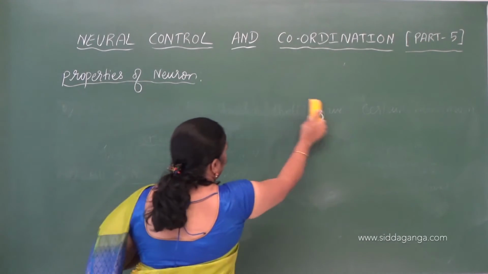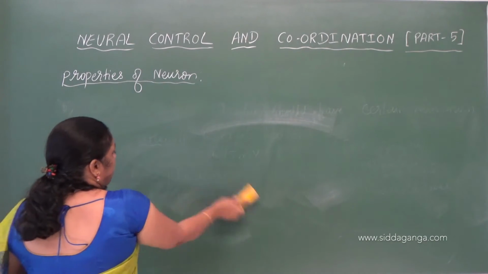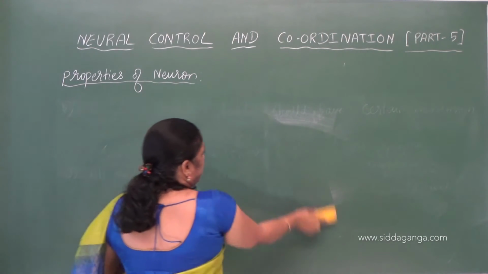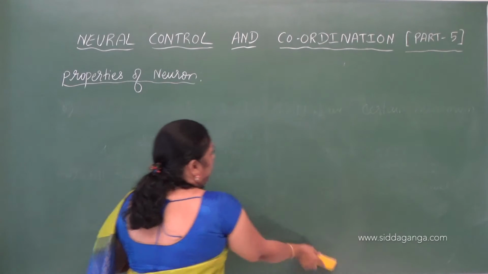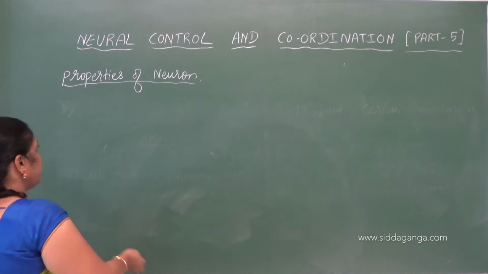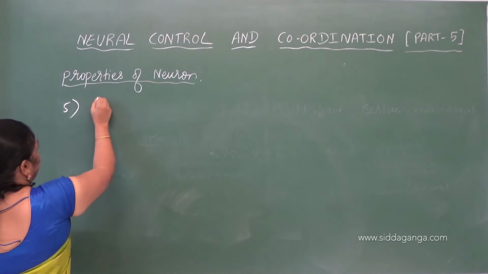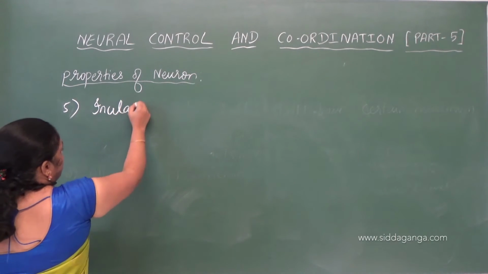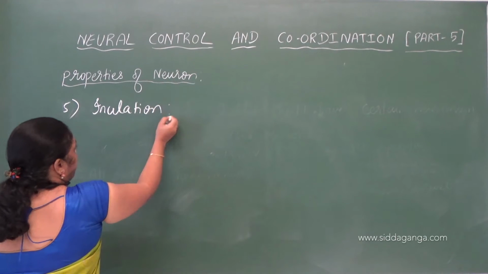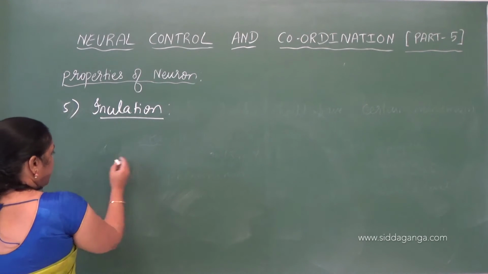So, unidirectional: always the impulse moves from axon to dendron. It follows forward movement. Insulation is provided by myelin sheath.